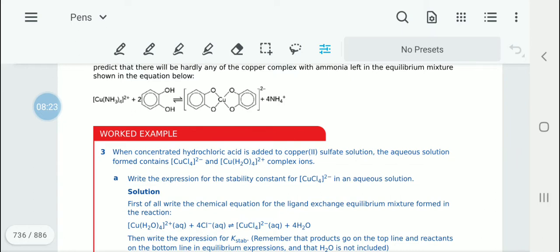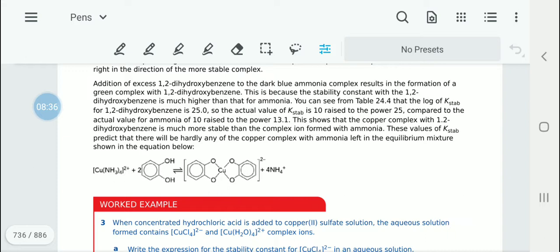Because when you talk about the logarithm to the base 10, that means you are actually talking about a power. So when you divide it compared to the actual values, the ammonia's stability constant would have to be raised by a power of 13.1 to reach the stability constant of the 1,2-dihydroxybenzene complex.